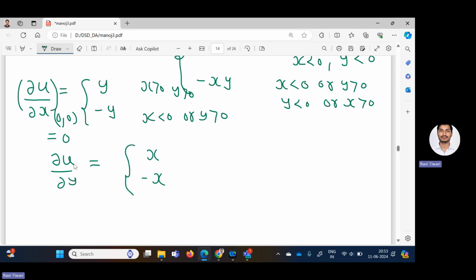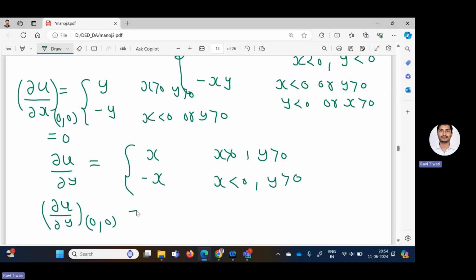This is for x greater than 0 and y also greater than 0, or both less than 0, and in the second case x less than 0 and y greater than 0. At 0 comma 0, x is 0 and y is 0, so again we are getting 0.